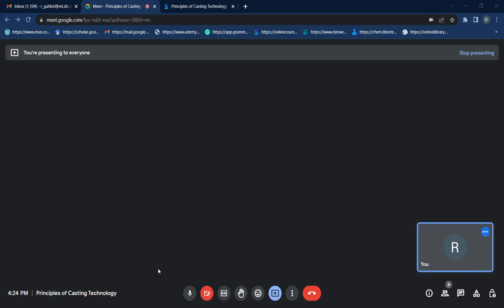Firstly, what happens in the malleable iron and then in the ductile iron. In ductile iron, if a given percentage of alloying has been done, then you can compare these two. So we can't directly compare malleable iron and ductile iron.